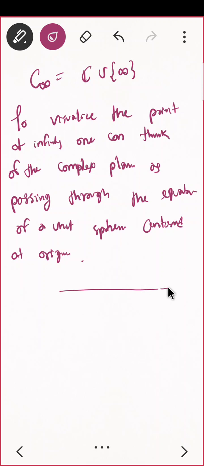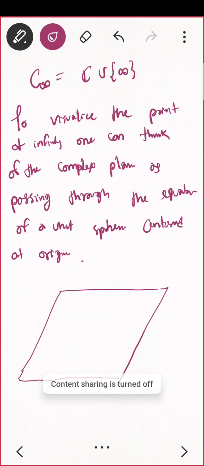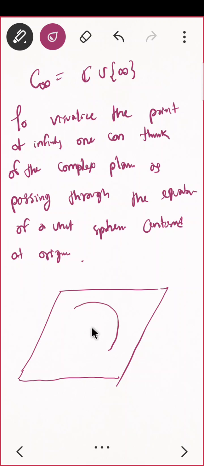Suppose this is my complex plane, that is Z, and I am having my sphere. Visualize this is your C, correct? This is your complex plane, and I am putting a sphere where the equator of the sphere lies on the plane.